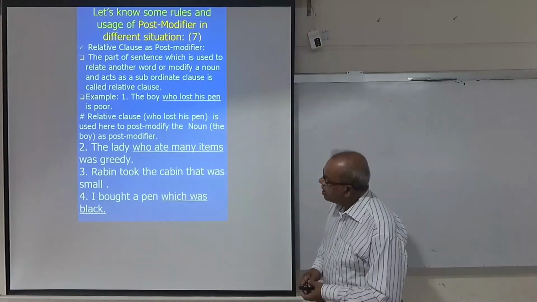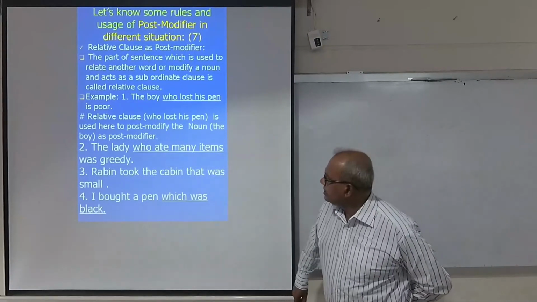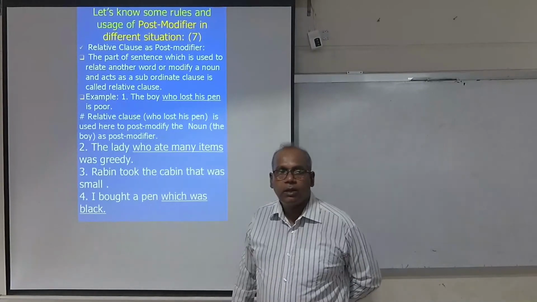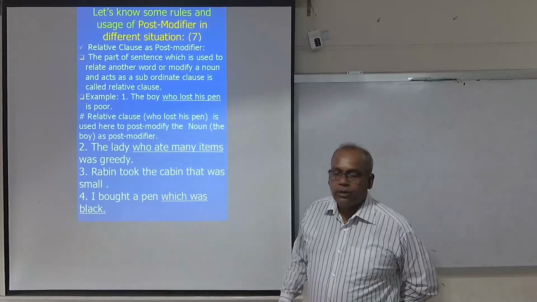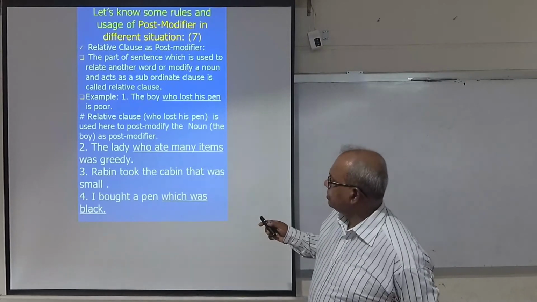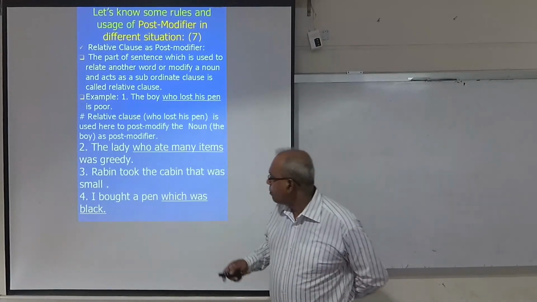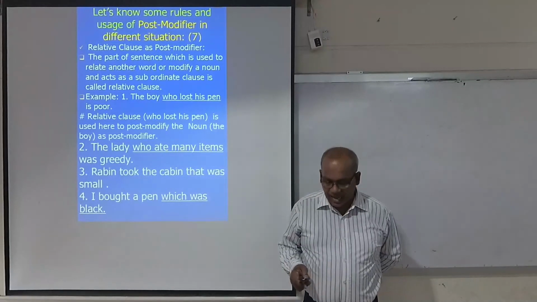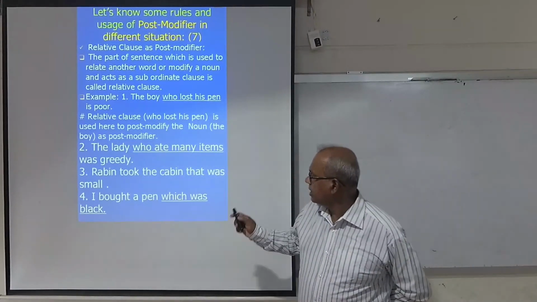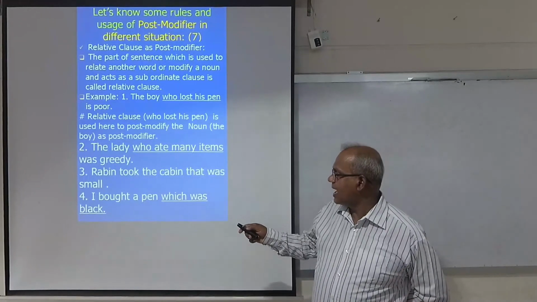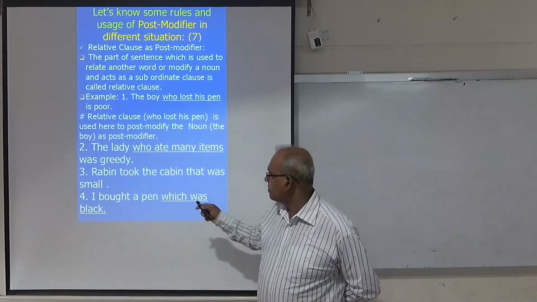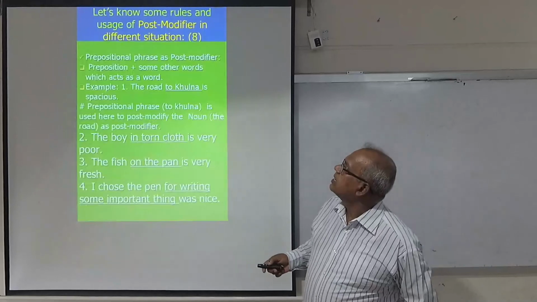The third example: Robin took the cabin that was small. I bought a pen which was black. The clause which was black modifies the word a pen.